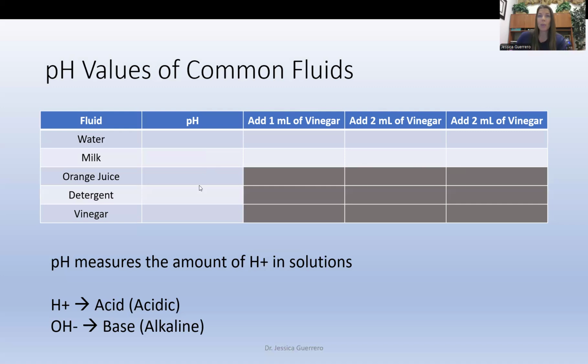Orange juice should have started off acidic, and then if you added vinegar, additionally more acidic. Detergent, vinegar would have been the control, so it didn't matter how much vinegar you added, it would still have the same pH each time. So remember that pH is the measure of hydrogen ions, and it is interpreted as either acidic or basic.